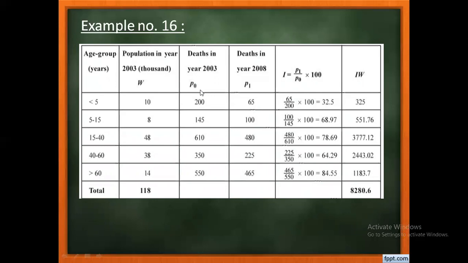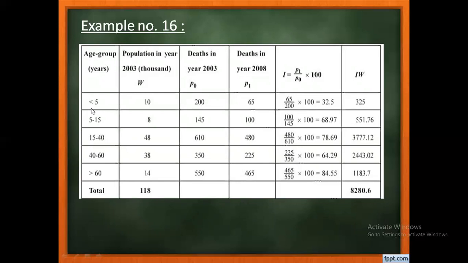And this is P0 and this is P1 you have given. So based on this P1 and P0, first we'll calculate the index number. And which formula can you apply? The very first, basic formula of index number: P1 upon P0 into 100.